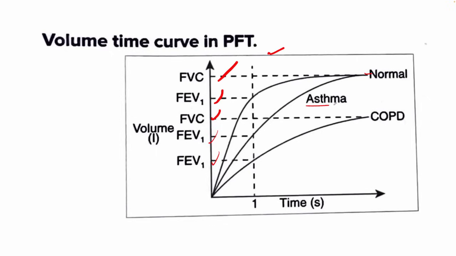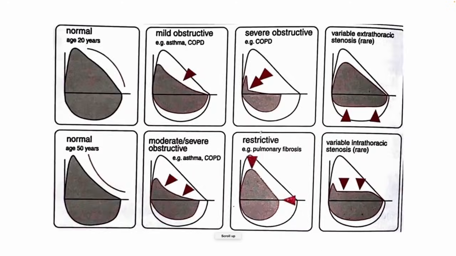When there is a patient of asthma, you will find the curve going this way, normally at the peak, and when there is COPD, the volume time curve will go like this. In asthma you will find it is moderate to severe but normal in the FVC, while in COPD it will not reach there. Clear?